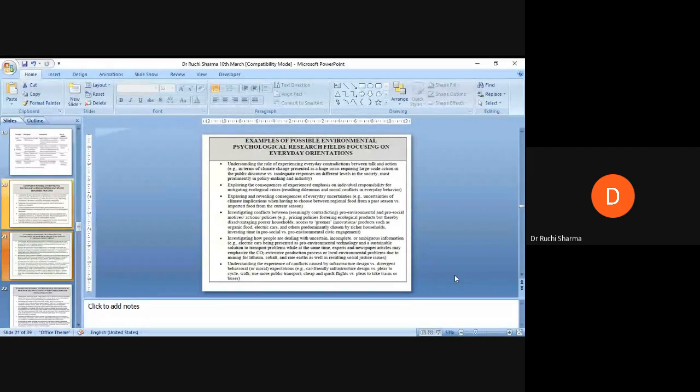So in a contradictory way, on one hand it is being said to use this, and on the other hand, we are promoting a way of living which is not environment friendly.